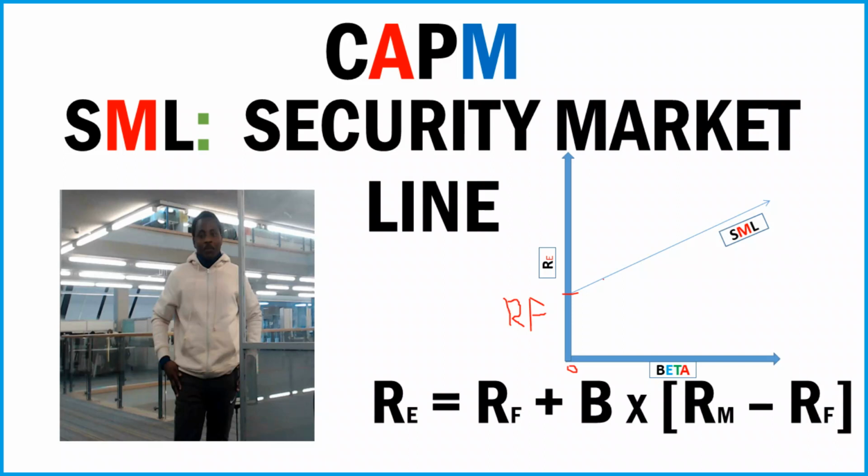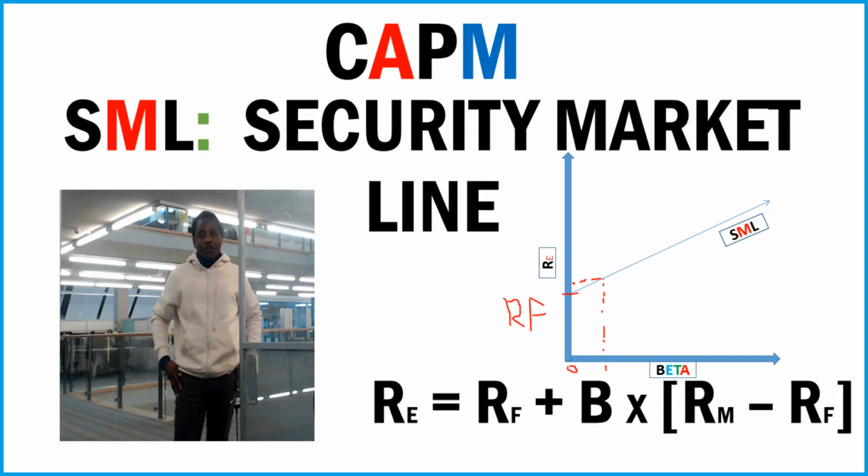So let's say we have 1 here. If this is our 1, that is the market risk, the total market risk. Now that is 1, and we will see that it is above the risk-free rate region, which is very okay.